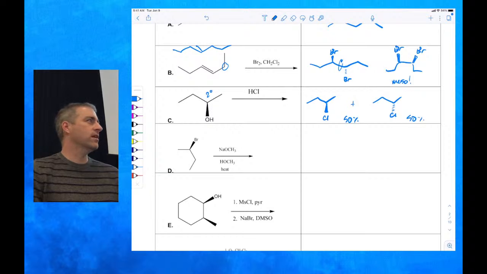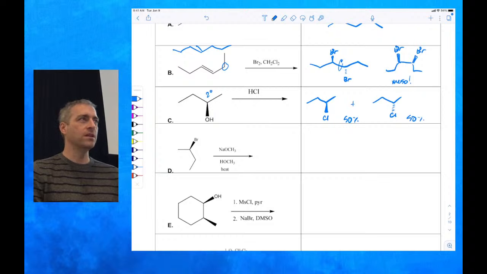So what do you call a mixture like that that's 50-50? Yeah, it's racemic. You get equal amounts of both, because this turned out to be an SN1 reaction. If you didn't want to get a racemic mixture and you wanted something pure, you could use a chapter 11 reaction and make like the triflate or the mesylate or the tosylate, and then you could use chapter 6 SN2 conditions, which would just invert this using NaCl and DMF or something like that, polar aprotic.